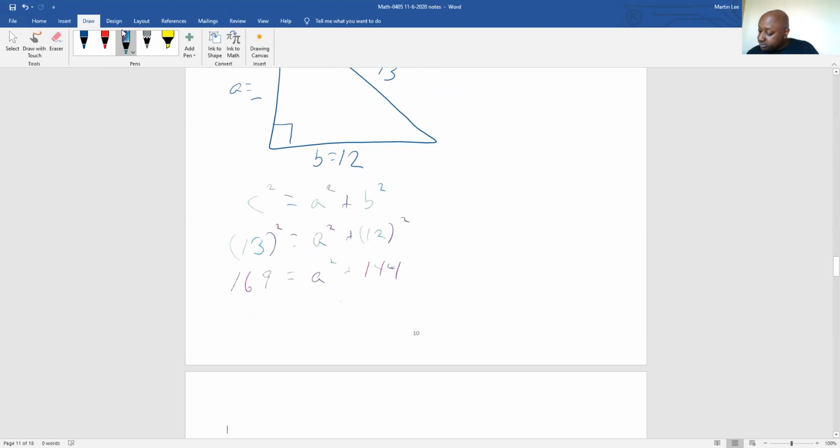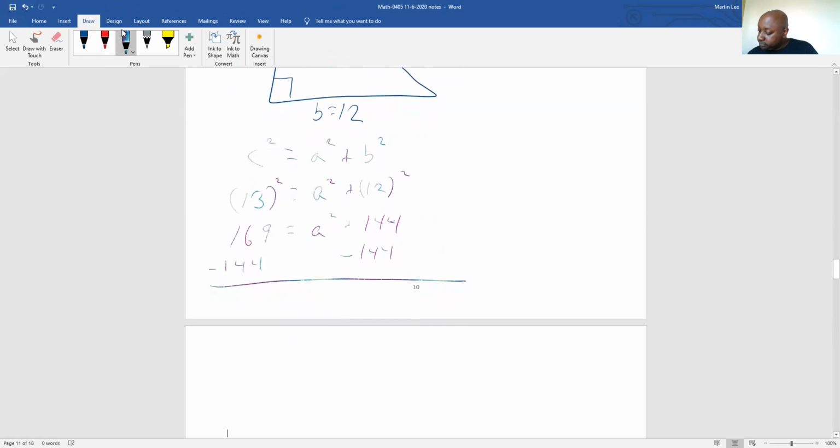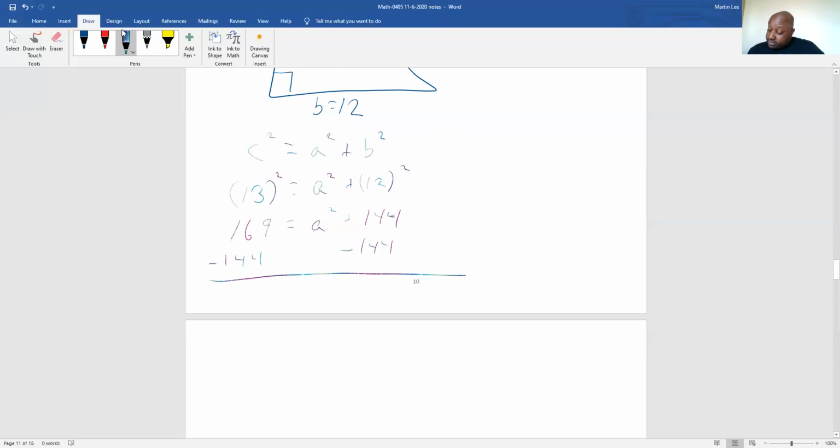Need to subtract 144 from both sides. On the left side of the equal sign, 169 minus 144 leaves me just 25. And now that equals A squared.